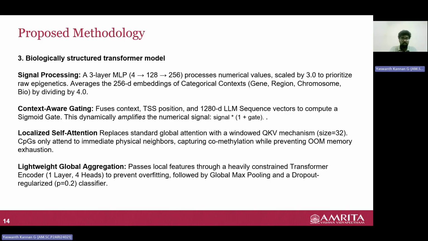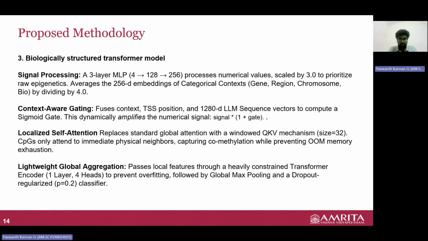Now, this is the proposed model, a biologically structured transformer, designed to integrate the methylation signals with the genomic information, the geometry, as well as the sequence context in a unified manner. At the input level, CpGs are represented using a combination of numerical, categorical, and sequence-based features.